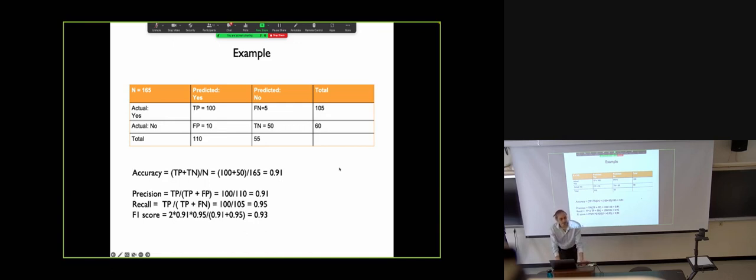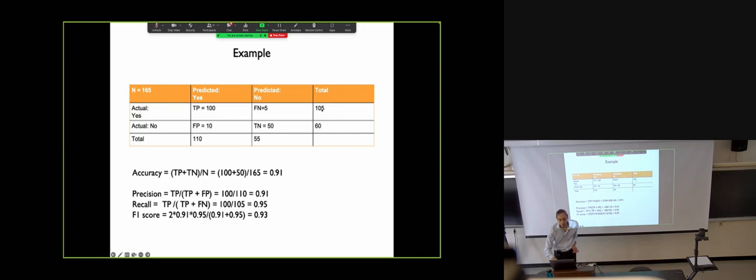Question: what would be a case where we prefer to use precision instead of accuracy, or vice versa? You may be okay with a lower recall as long as you have a really high precision. Sometimes, if your data set is heavily imbalanced, for example you have many actual yeses versus actual nos, you see how the actual yeses are different from the actual nos.